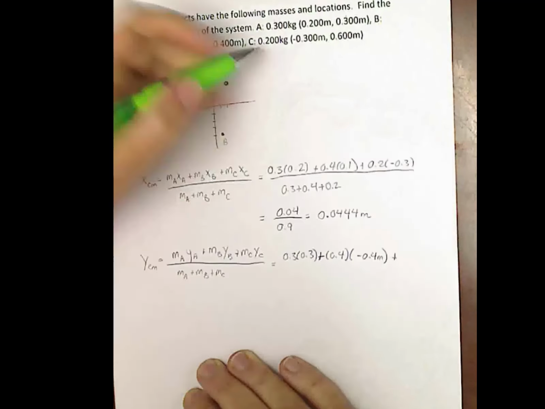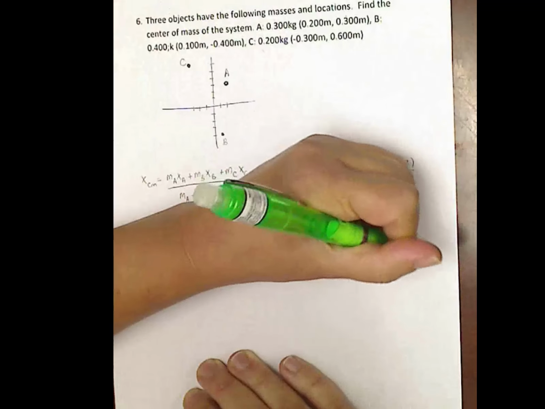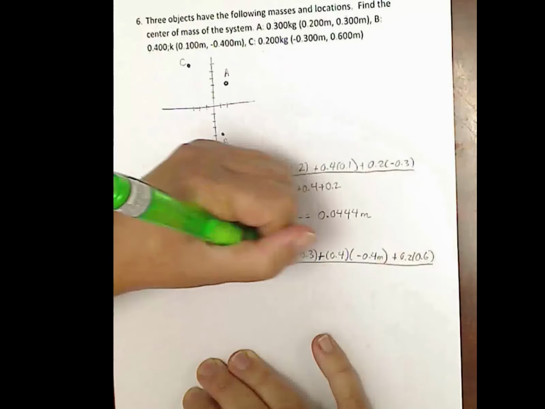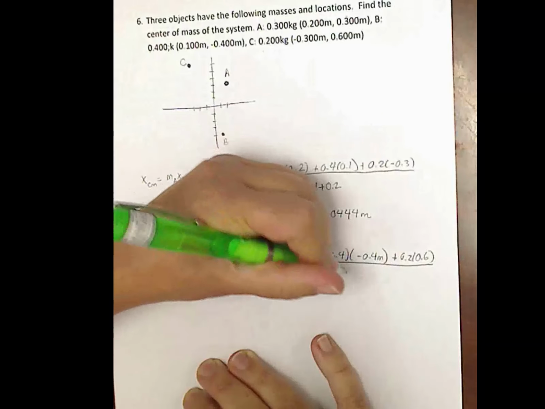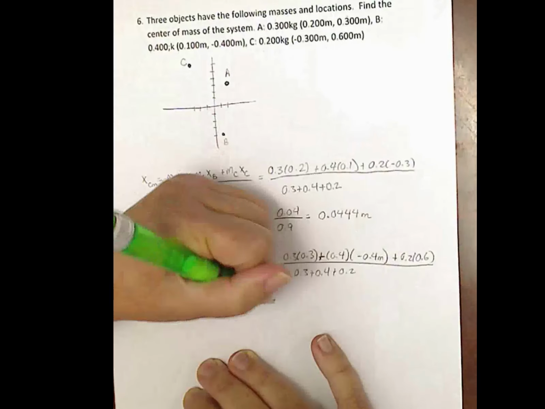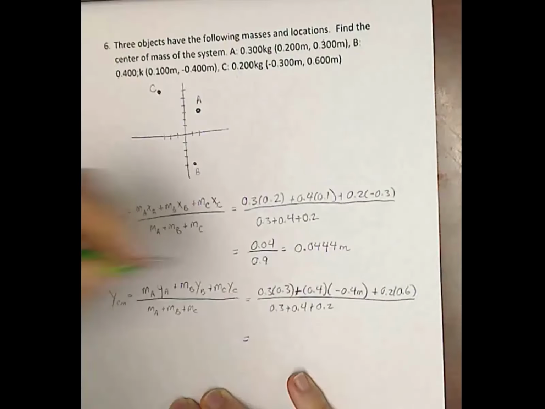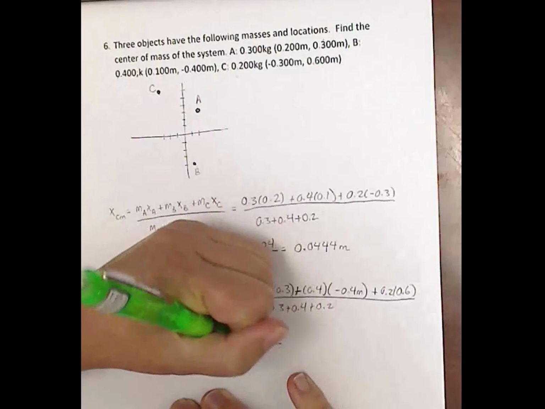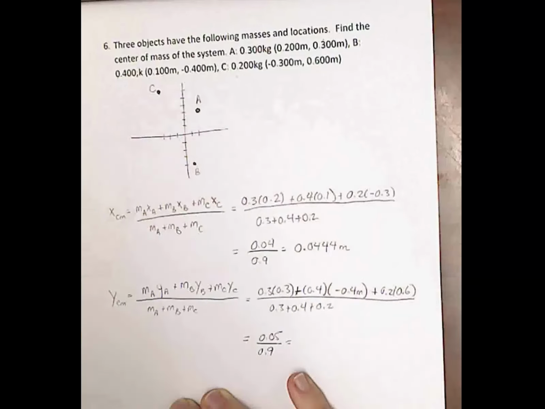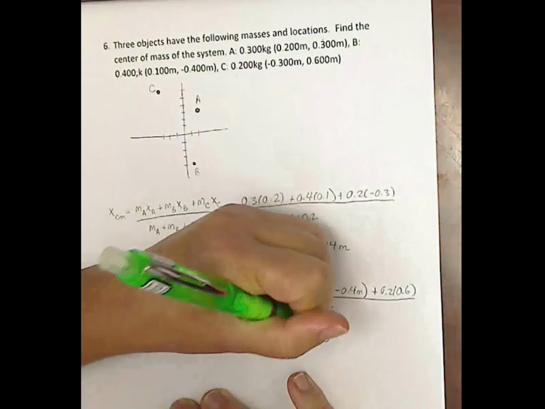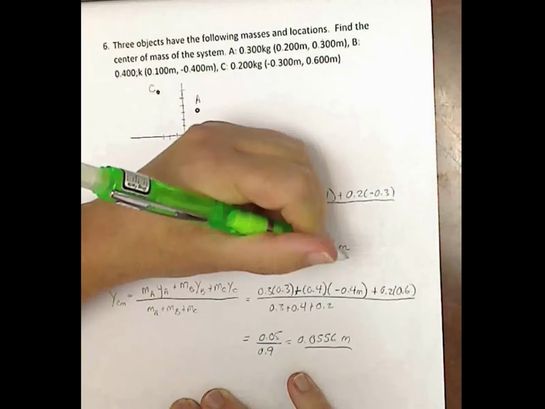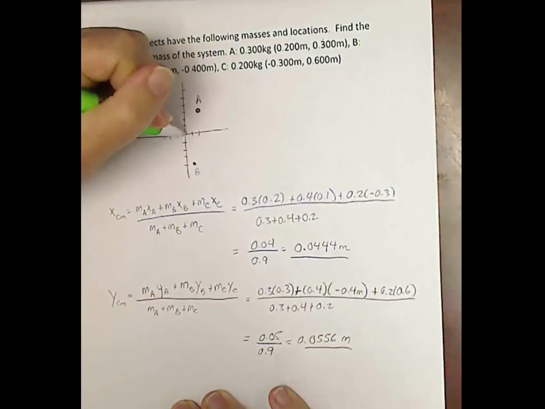And C is 0.2 kilograms at plus 0.6 meters. And again, I got my total mass, add up all the masses there. Alright, so on the top I've got 0.05. On the bottom I've got 0.9. And I get 0.0556 meters.